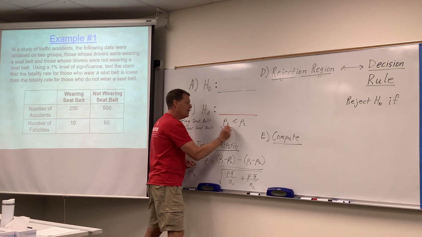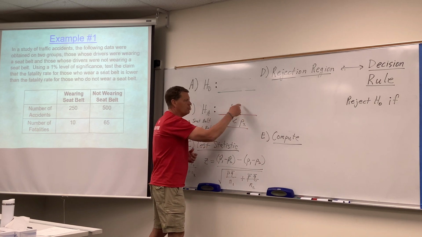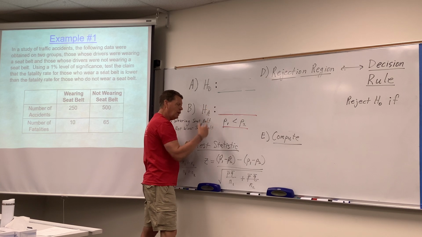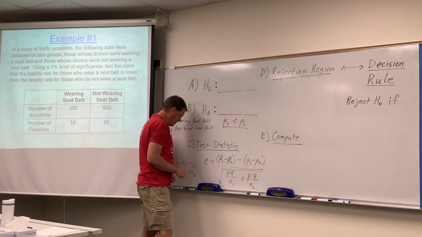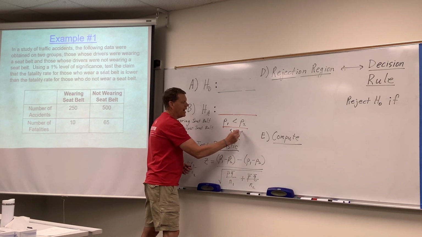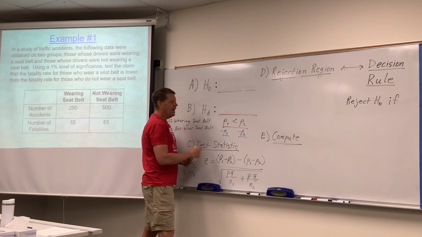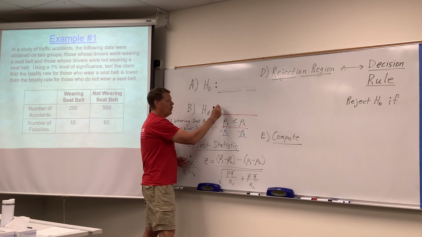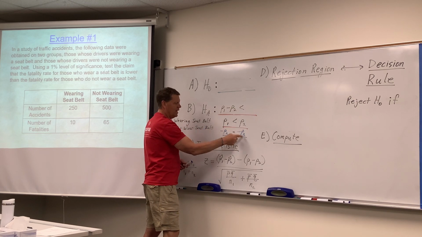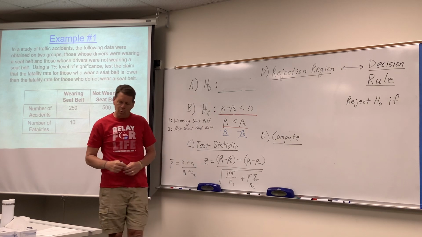Now, I put that underneath the alternative because we're going to do a very quick algebra manipulation to this to change it into a difference in proportions, as it mentions. So what we'll do is we'll set that up, and then we'll subtract over the P2, just a little algebra here, and if you transfer this up here, we would have P1 minus P2 is less than 0, wouldn't it? So that's why it's called a difference of proportions.